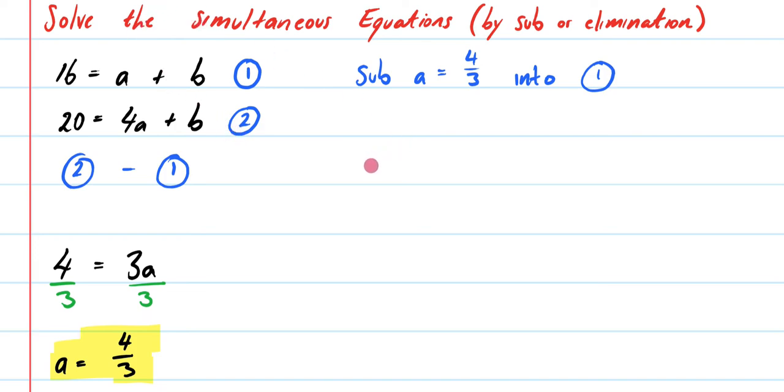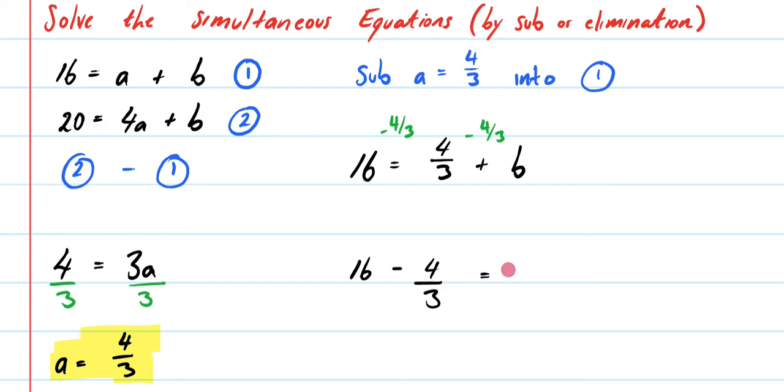I'm going to go, all right, 16 equals 4 over 3 plus b. I then am going to subtract 4 over 3 from both sides, and I'm going to end up with 16 minus 4 over 3 equals b.